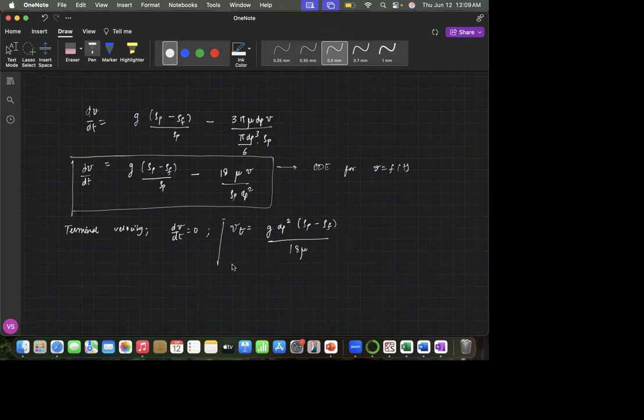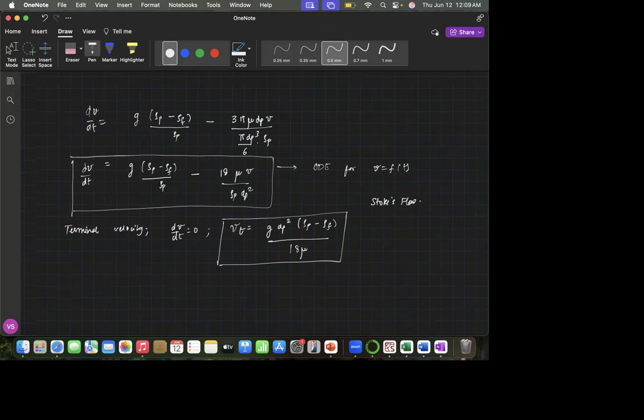That's how you evaluate the terminal velocity. So when we solve this ordinary differential equation, subject to any initial condition, we must eventually retrieve the formula for terminal velocity at large enough times, right? Now that we have the differential equation, remember, this is for Stokes flow.